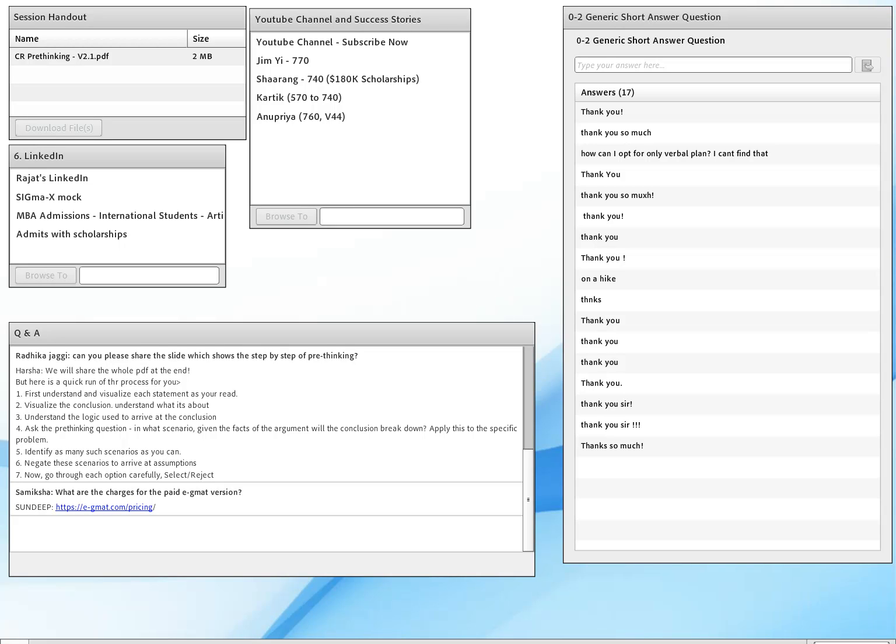Actually, let me first answer Kaushik's question. Once you get to those last 20, 25 days and you're taking mocks, the optimal time between mocks depends on the kind of improvement that you're looking at between mock scores. And that's where we have our dedicated strategy team that will tell you, if you have this mock score, let's say you have a 660, we want to make sure next mock you get a 700.